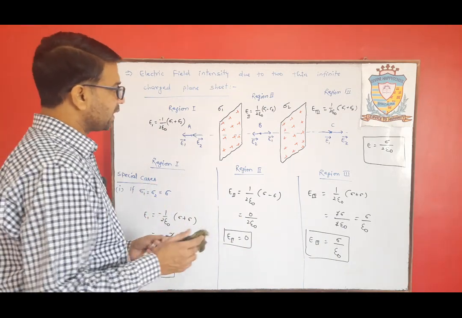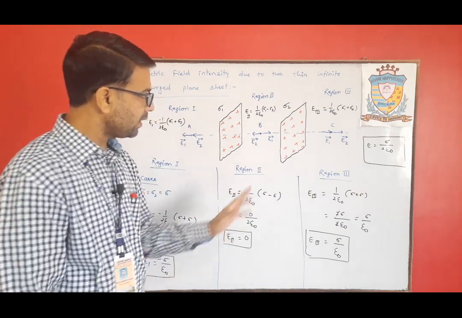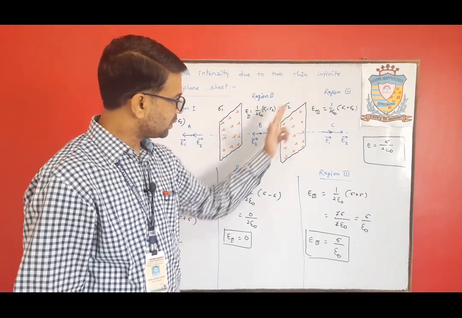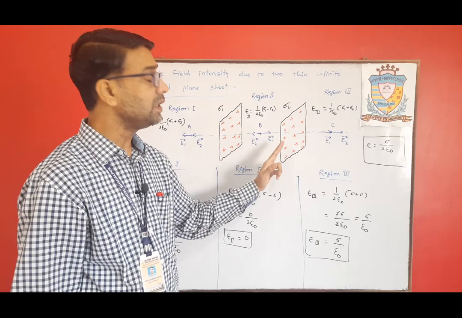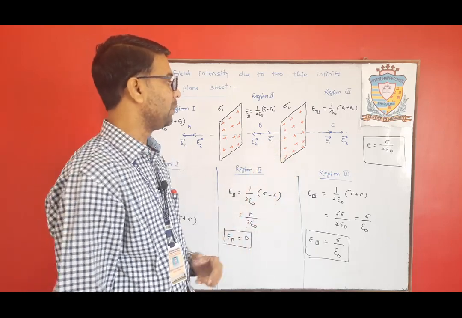Clear? Second special case, if we replace this plain sheet with another sheet having the negative charge, then what will happen?